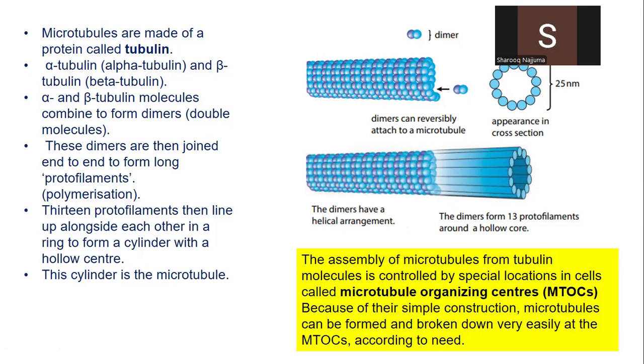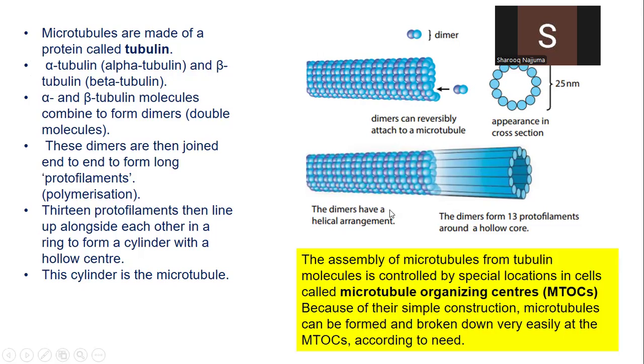From this we are noting that microtubules are made up of tubulin proteins. Microtubules can be assembled so that they are formed, and at the same time, they can be disassembled or disintegrated within a cell. You'll learn that during cell division, spindle microtubules are formed by joining these tubulin proteins into protofilaments.